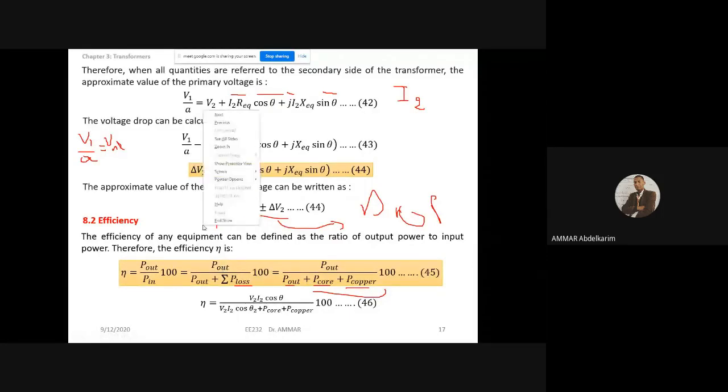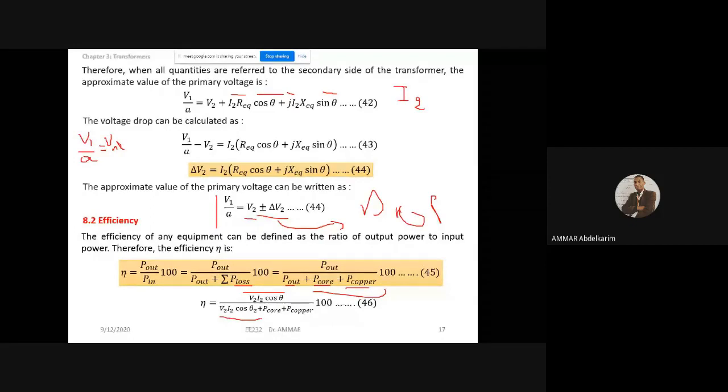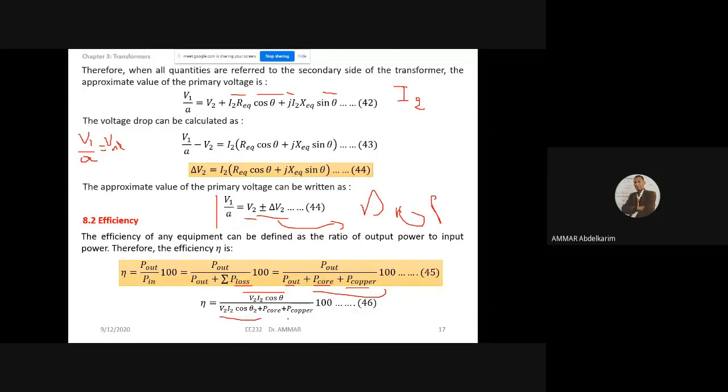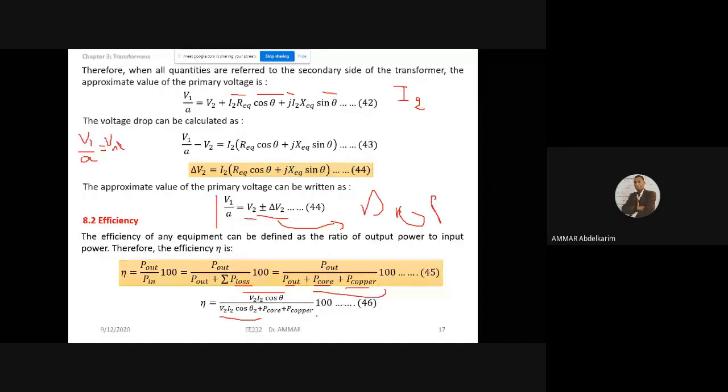Also, in terms of active power, the efficiency can be written as V2 I2 cosine theta over V2 I2 cosine theta, which is the output power, plus core losses plus copper losses, times 100% if we want to calculate it as a percentage, or we can calculate it as a value between 0 and 1.